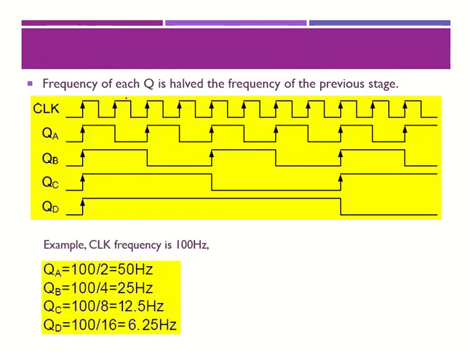So the output Q always changes on a cycle basis. If you see over here, at this particular cycle, QA will have a response change. Over here, there is no change. You will wait for the next cycle.